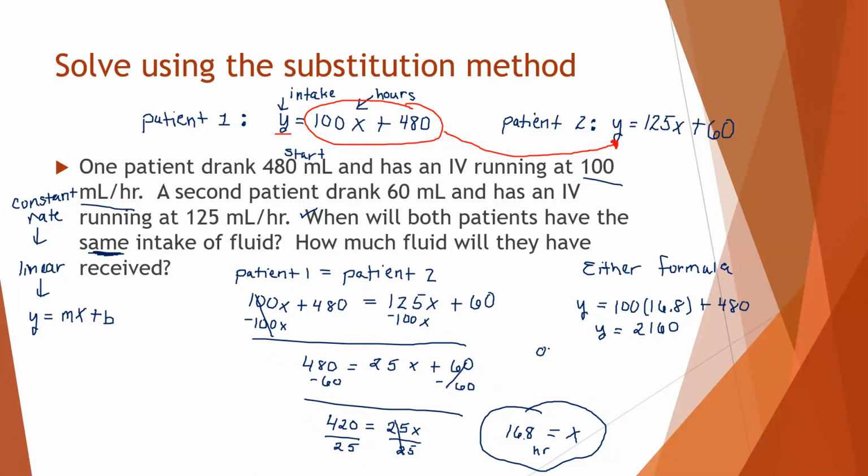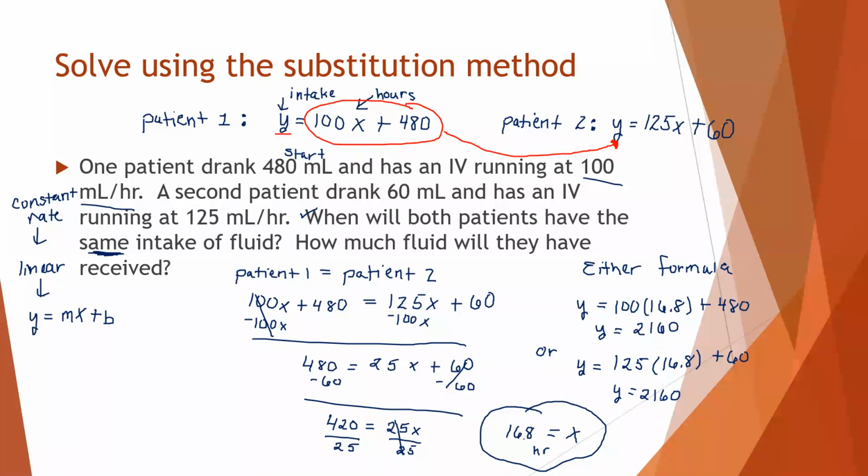Or I could do the other formula, because truly they're supposed to be equal, and so mathematically they truly will be equal. So in the second formula, I would have 125, I substitute in the value of 16.8 where the x is, and then I have plus 60. And again, with the help of my calculator, I came up with y equals 2,160.